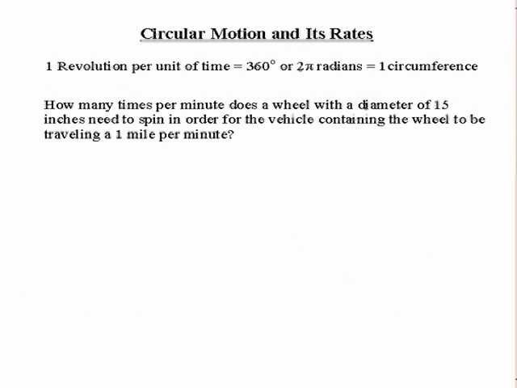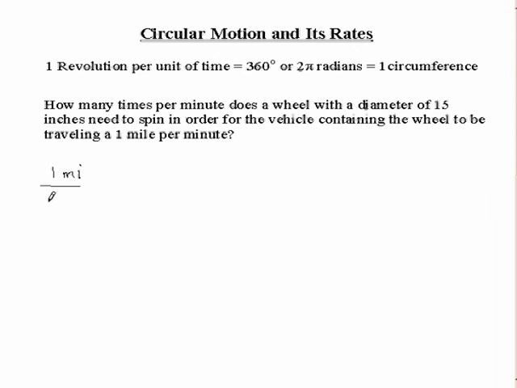Now I'm going to show you how this calculation is typically done in the mathematics or scientific setting. Many of you may have already seen this, but this is an important little aspect of what we're going to do in analyzing circular motion. So we're going to start out with the one rate that we know.